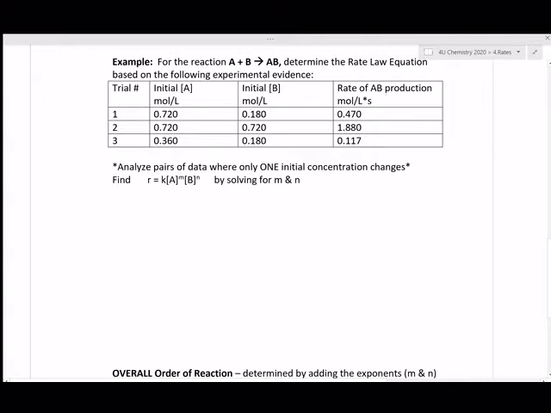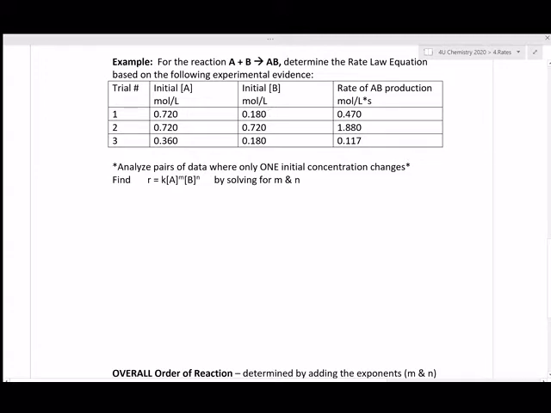So you'll notice that sometimes these 2 concentrations didn't change in A, but here they changed in B. That is very important because you don't want to change 2 things at the same time, because then you won't know which one is causing the effect. Similarly, here B is the same, 0.18, but you'll see that A was changed.